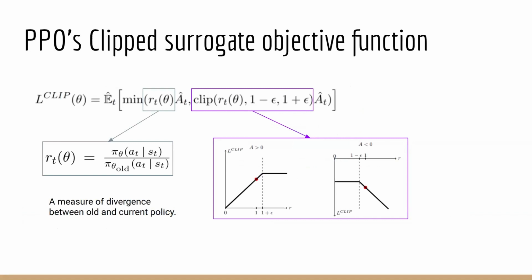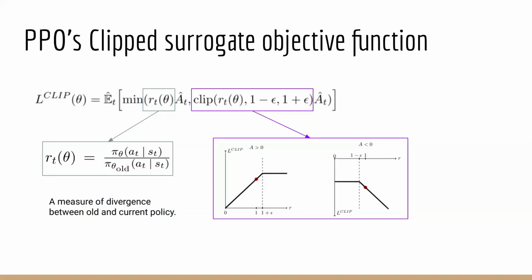First of all, there are two main parts of this function. The first part involves a ratio function times the advantage. And the second part is a clipped ratio times the advantage. So we calculate the ratio in this way. The ratio is the probability of taking action A_t at state S_t in the current policy divided by the previous one.